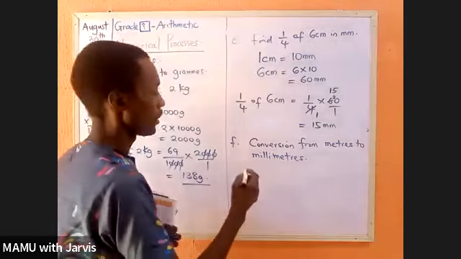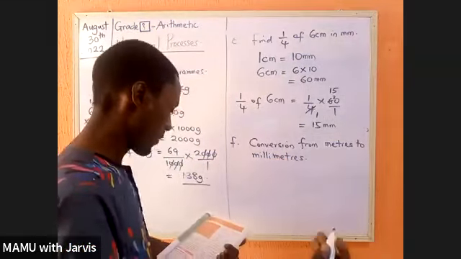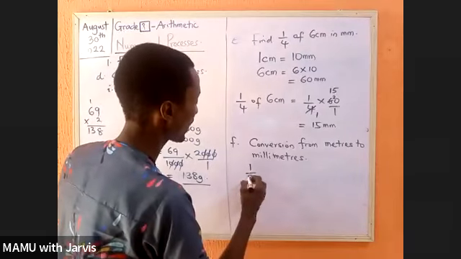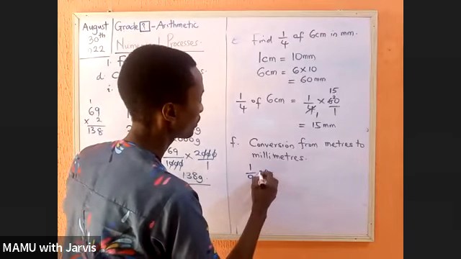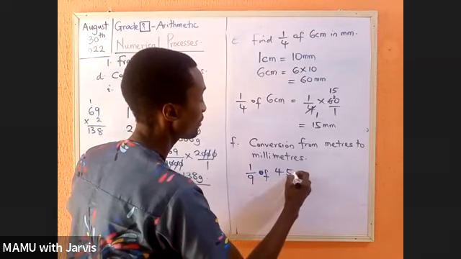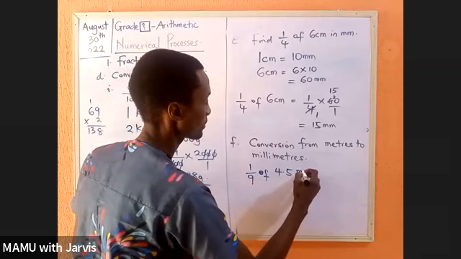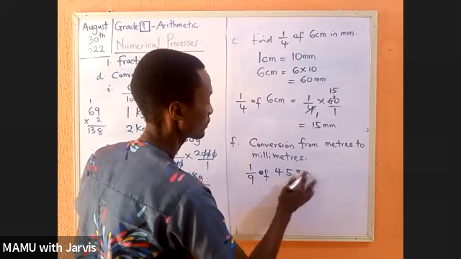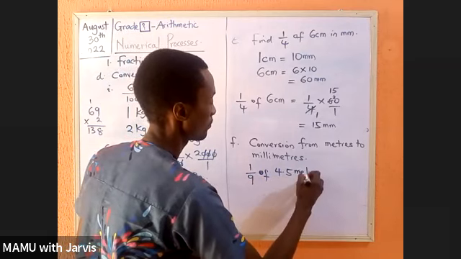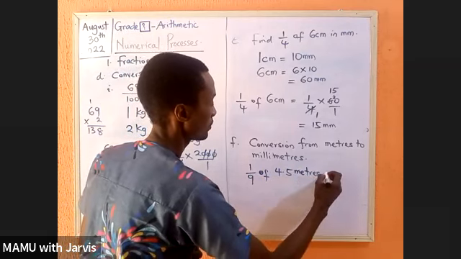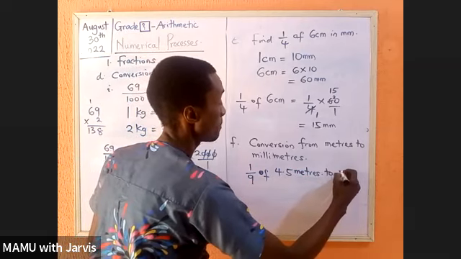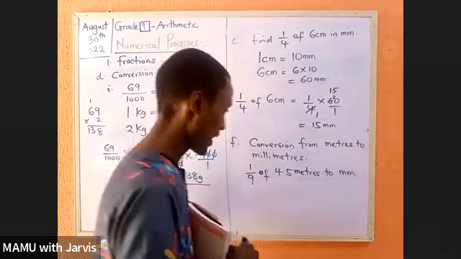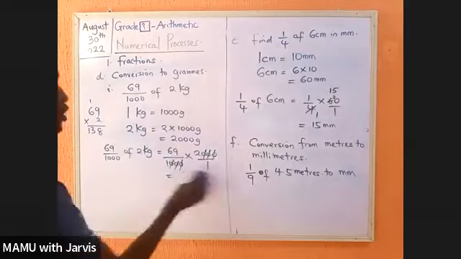Now, let's take a practical question. We have a practical question here that says 1/9 of 4.5 meters to millimeters. So we want to convert that to millimeters. So let's see what we ought to do.